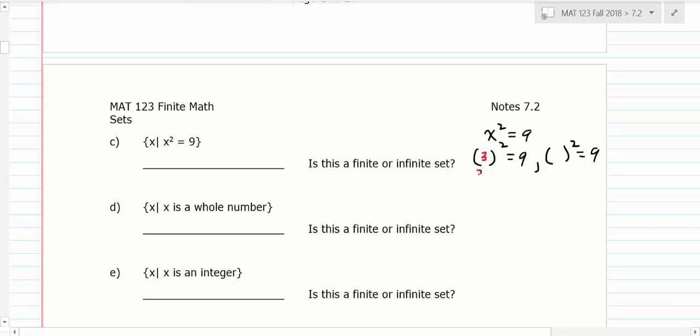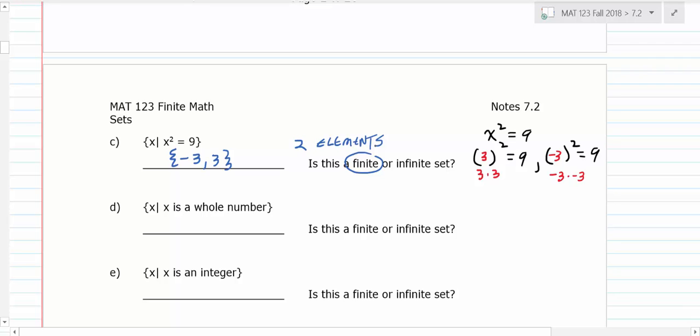If you do 3 times 3, you get 9. But also, if you do -3 times -3, you also get 9. So that means we would write the solution. Doesn't really matter what order. We would say -3, 3. That's a finite set. Again, this one has 2 elements in that set. Okay, so that's the idea.